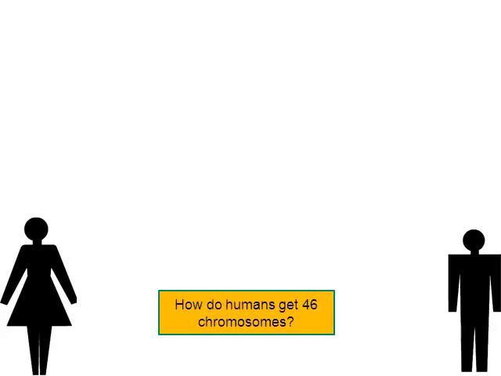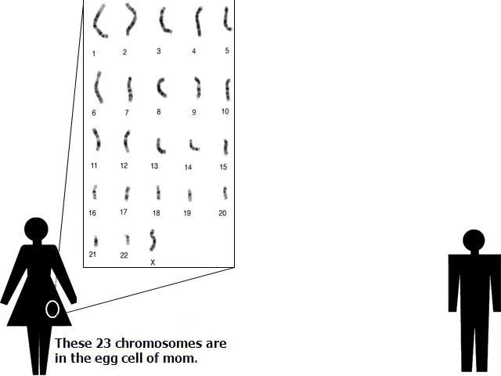So here we have a silhouette of a man and a woman. And it says, how do humans get 46 total chromosomes? Well, I have 46 chromosomes, and if you're watching this video, chances are you have 46 chromosomes also. How did we get 46 chromosomes? Well, in mom's ovaries, she has a bunch of egg cells. And every egg cell contains 23 chromosomes. Egg cells are haploid.